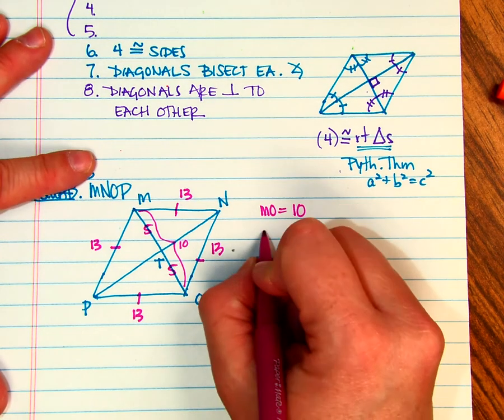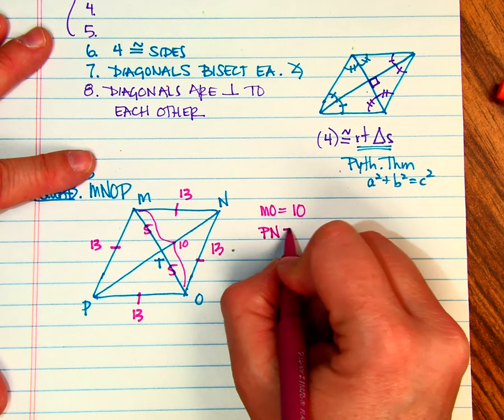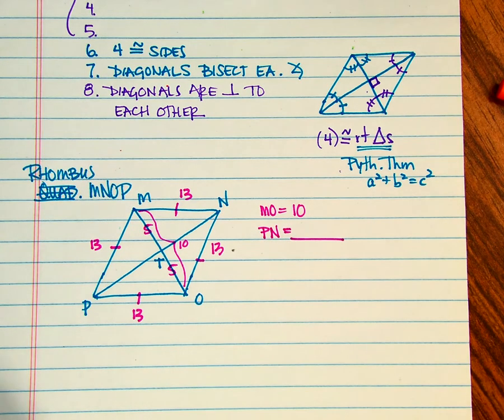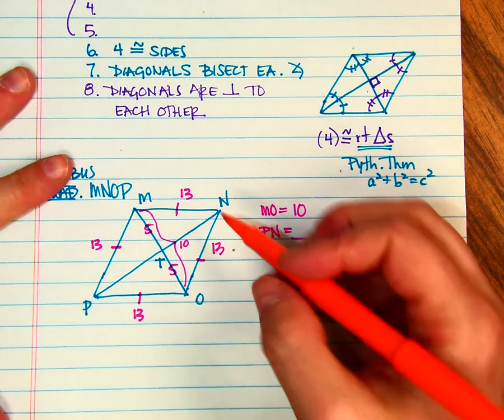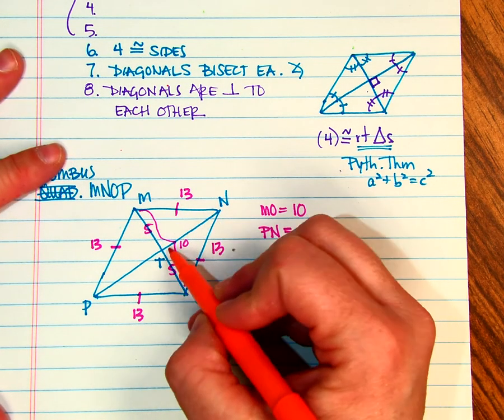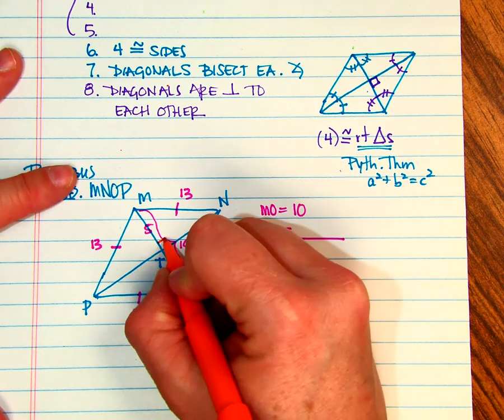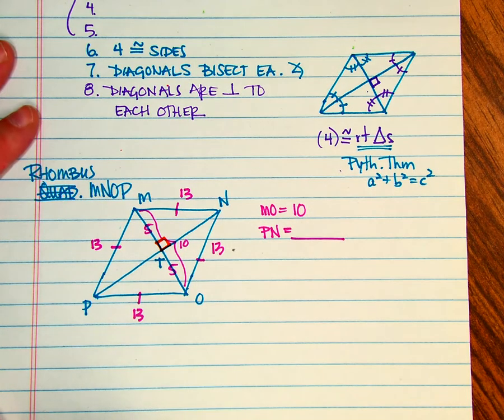What happens if I ask how long MN is, or excuse me, PN is? Do I have enough information to find out how long PN is? The answer is yes, because also in a rhombus, we have a right angle.